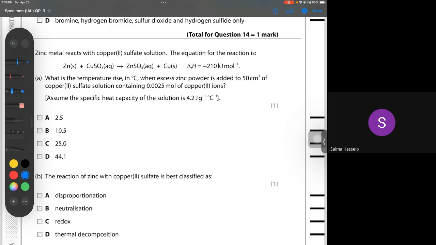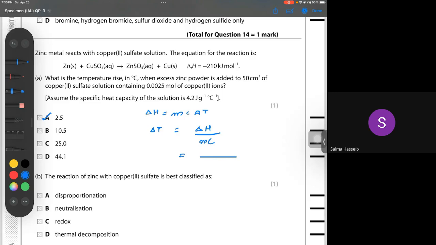Is it A? Yeah, this is A, but how? You have to rearrange the equation for the enthalpy change. So I did 40 times 0.025 to give 0.525 kilojoules.